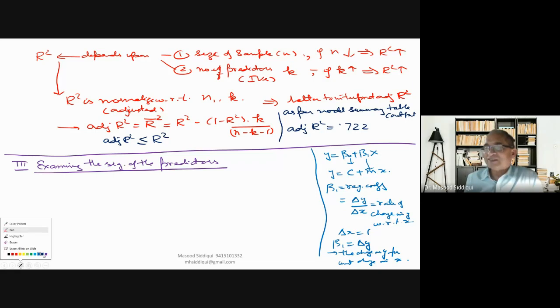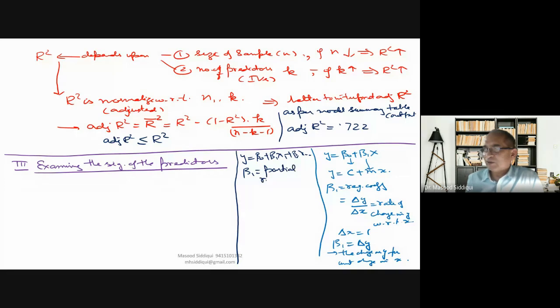Let me generalize this. Now our model is a multiple linear regression model. So y is equal to beta 0 plus beta 1 x1 plus beta 2 x2 and so on. Now this beta 1 is known as the partial regression coefficient. Remember, earlier we put the name as regression coefficient; now we are putting partial regression coefficient. Why?